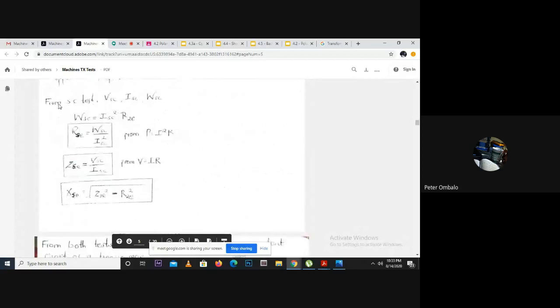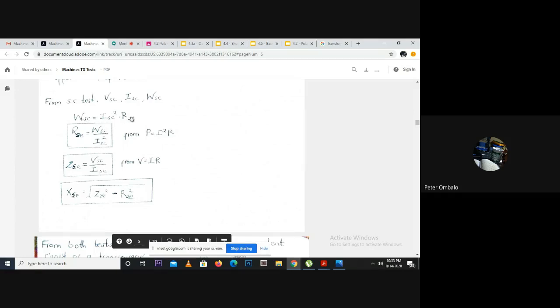So from short circuit test, we have these three parameters. And because copper losses are also known as I squared R losses, whatever we're going to get from the reading of the wattmeter in a short circuit test is going to be directly the copper losses, which are the I squared R losses.